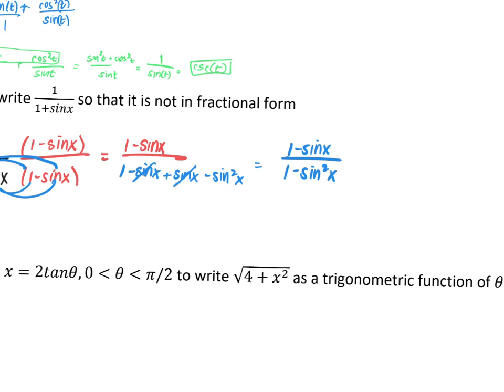Wait, this does remind me of a Pythagorean identity. Sine squared x plus cosine squared x equals 1. I want to get 1 minus something that looks like 1 minus sine squared. So I'm going to subtract sine squared from both sides.